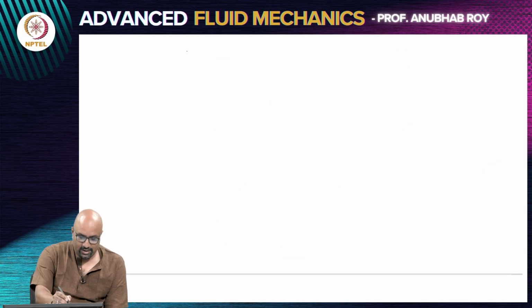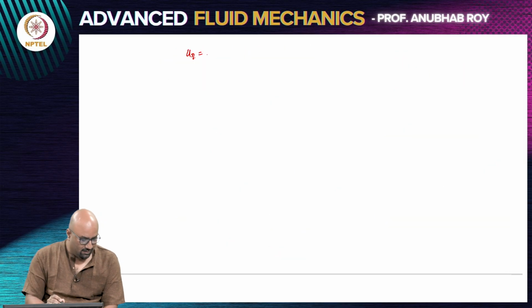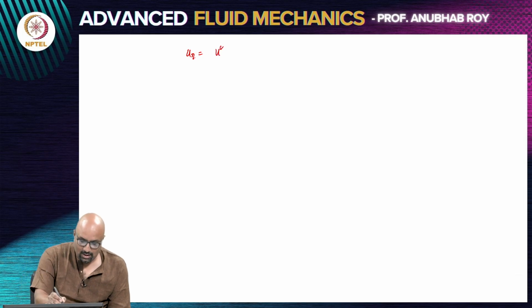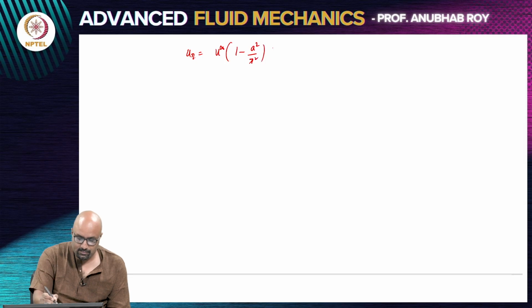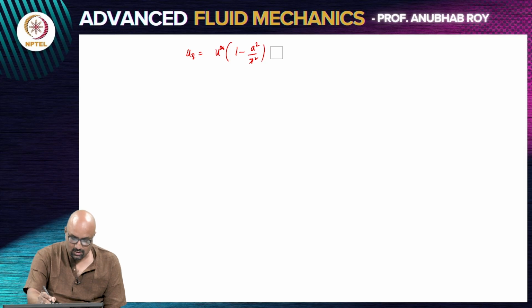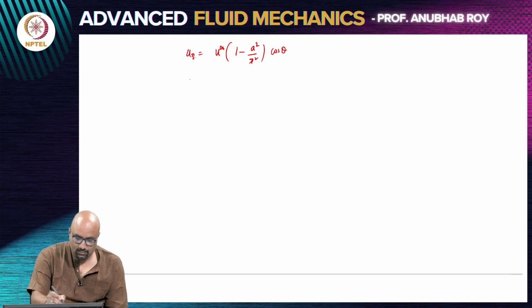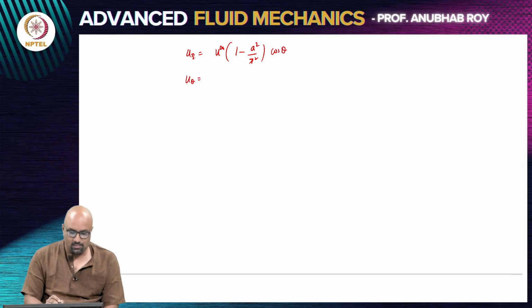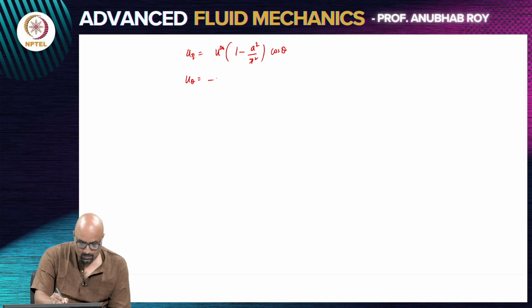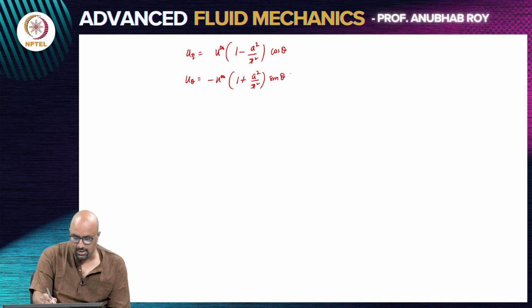Okay. So, we have our radial velocity identical to what we had earlier. Sorry, this was cosine theta, and u theta is minus u infinity 1 plus a square by r square sine theta minus gamma by 2 pi r.